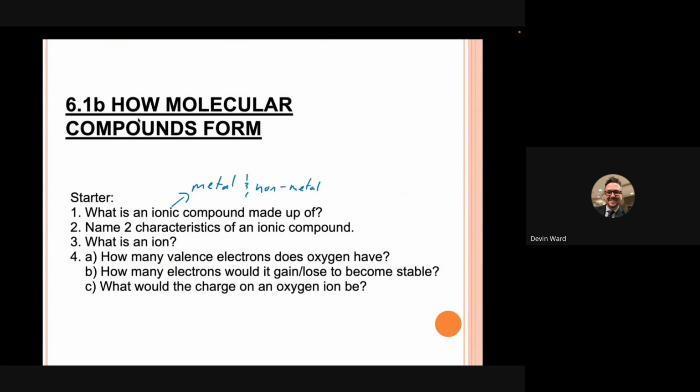Okay, so I need to continue on to the naming note, but what you can do at the bottom of that chart is just do a comparison. So what atoms are involved between ionic and molecular compounds, what is the name of the bonds, what happens to the electrons in the bonds, and then what about conductivity? Are they conductive?